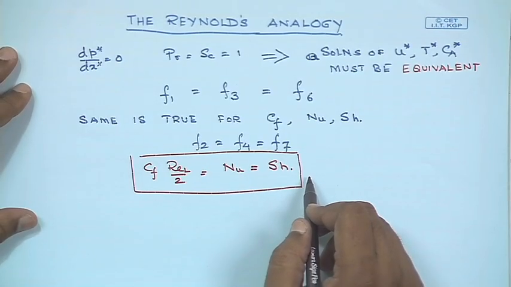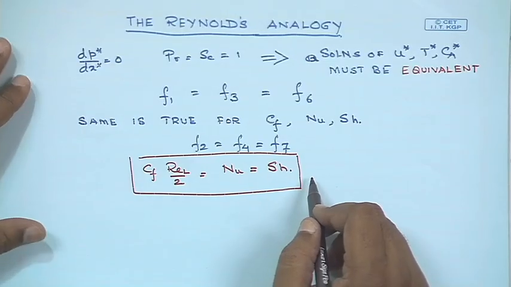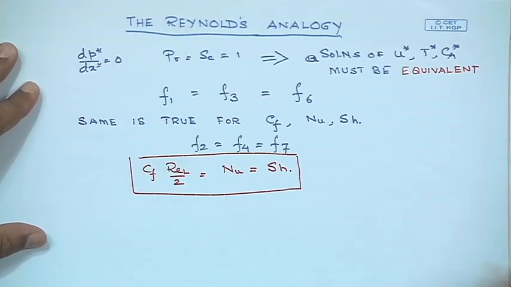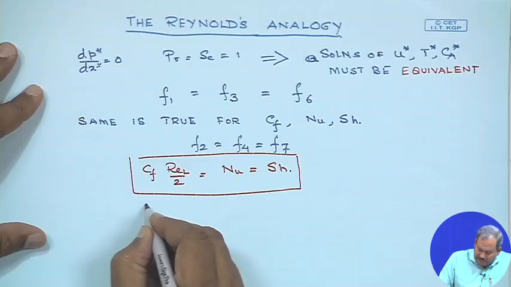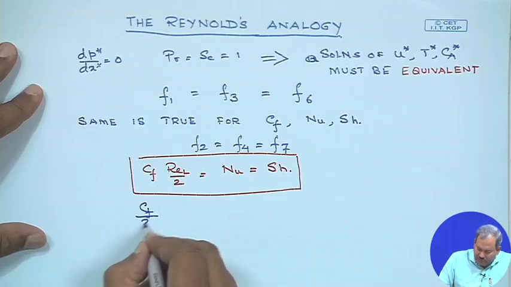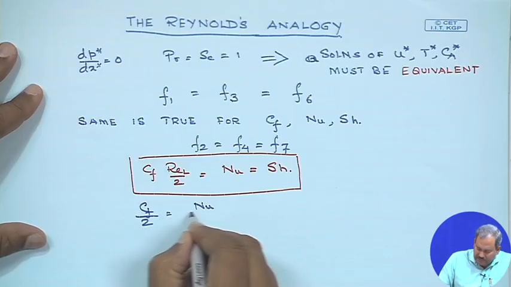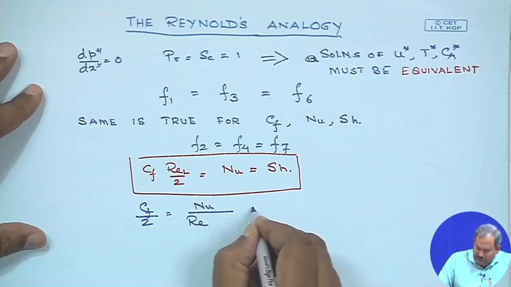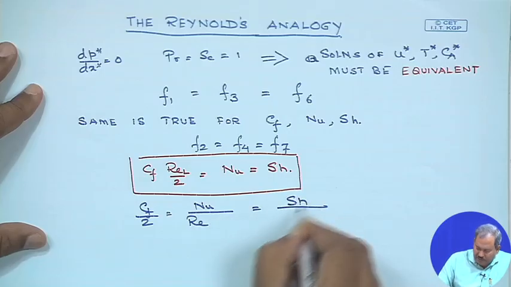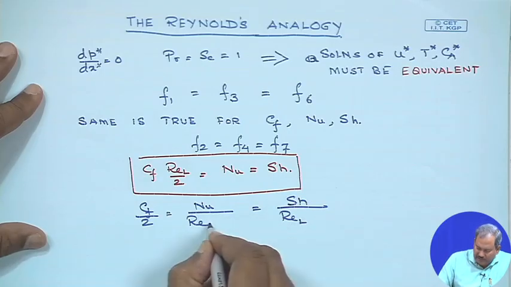Sometimes this analogy is slightly modified, that is, it is expressed as Cf by 2 equals Nusselt by Reynolds equals Sherwood by Reynolds REL.